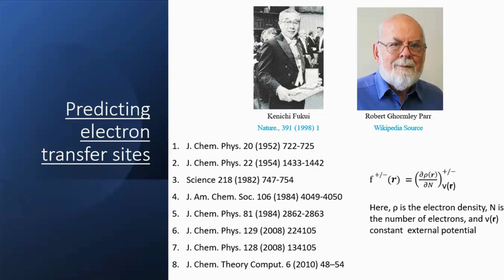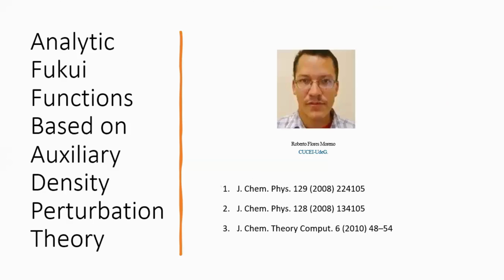How we can understand it easily with some kind of analogy, I will explain in the upcoming slide. In particular, I am using the analytical Fukui function based on auxiliary density perturbation theory. This method was developed by Professor Roberto Flores Moreno.